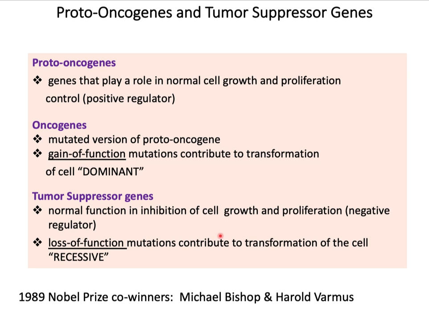So the nomenclature is kind of unfortunate. When I call these genes oncogenes or proto-oncogenes or tumor suppressor genes, it sounds like the function of these genes is just specific for cancer, but that's not the case. I have to stress that these are genes that have normal function in the cell. When they are mutated, in the case of proto-oncogenes, they will have gain of function mutations.